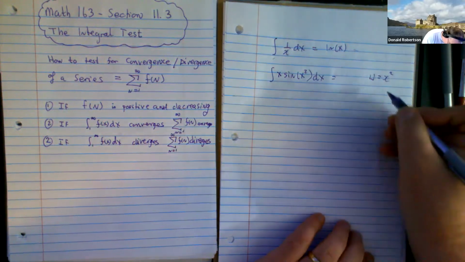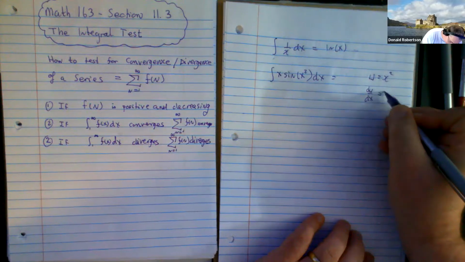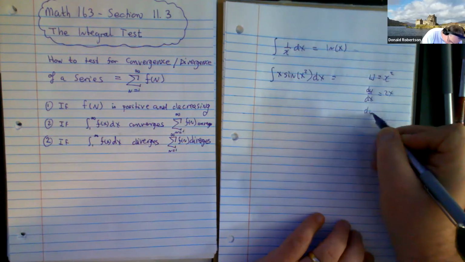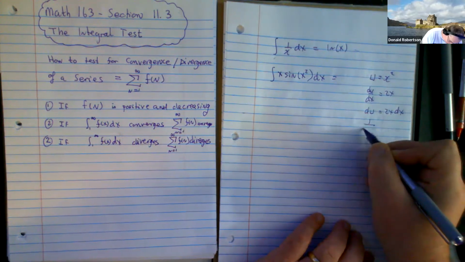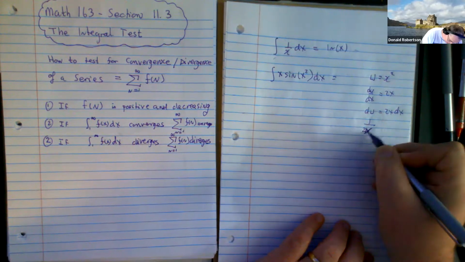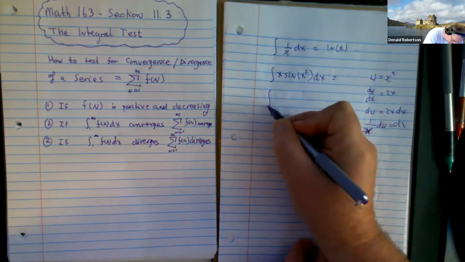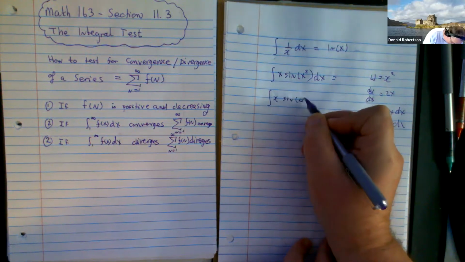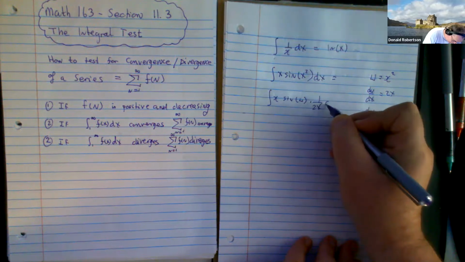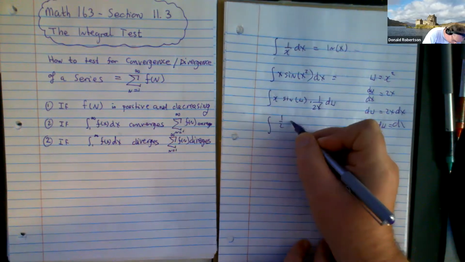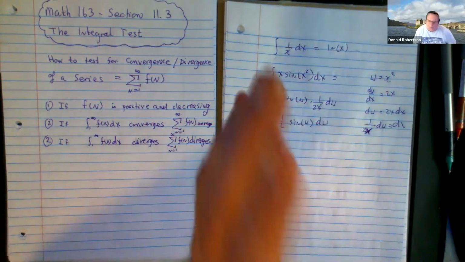Now, based on differentiation, you get 2x, crossover, you get 2x dx, isolate the dx. So what we have here is x sine of u times 1 over 2x d of u. So that thing now becomes 1/2 the integral of sine u du. Do you see that would turn out quite nicely, wouldn't it?